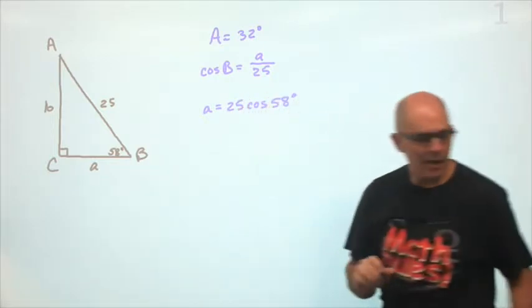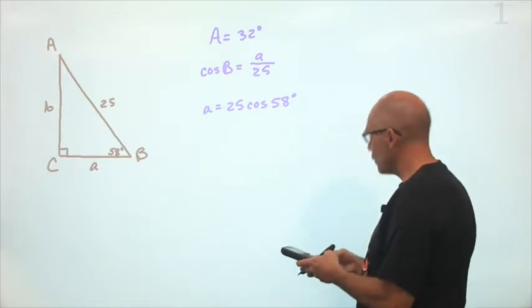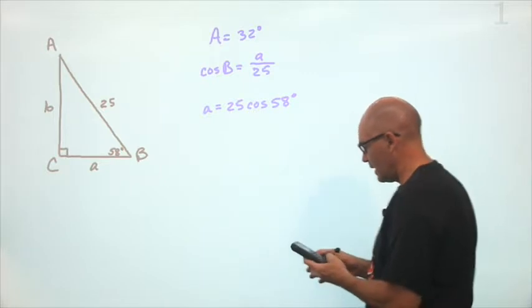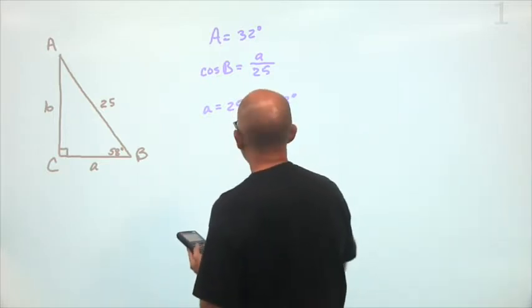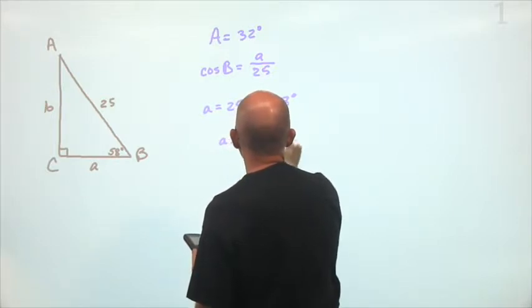So back to the calculator. So we go 25, enter, 58, cosine, times, and 13.247. So A is approximately 13.25.